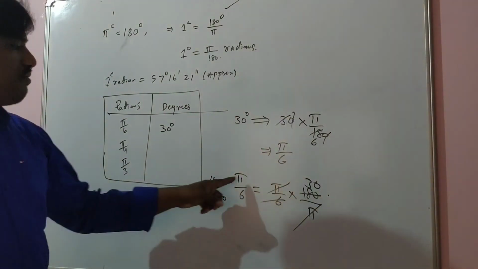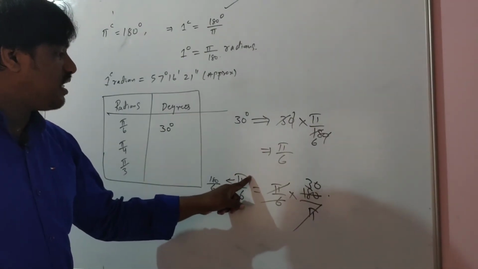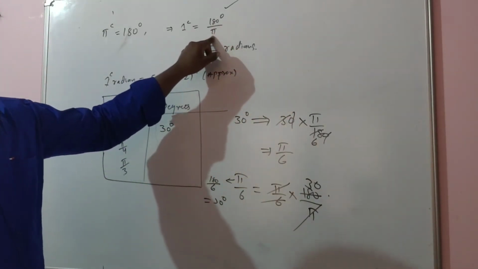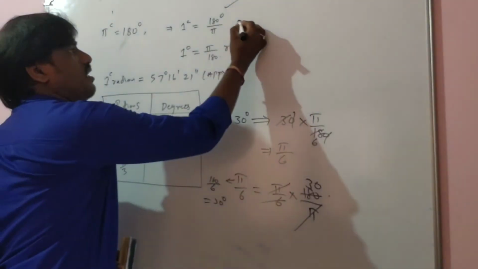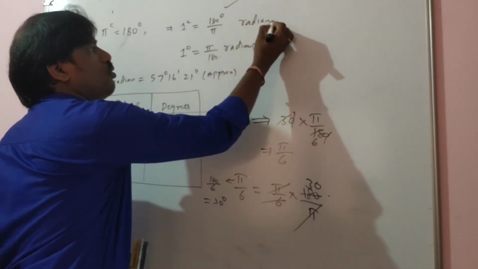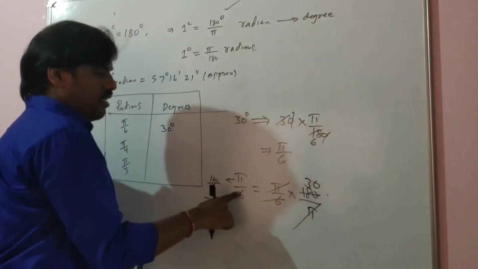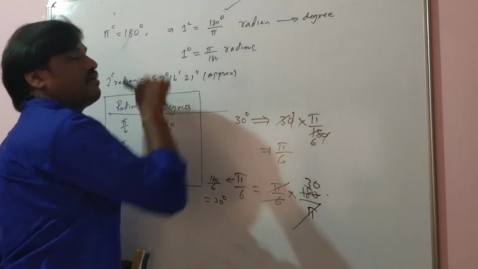Only one thing: whenever I want to convert radian into degree, I multiply by 180 by pi.